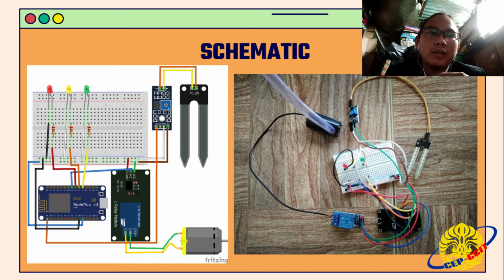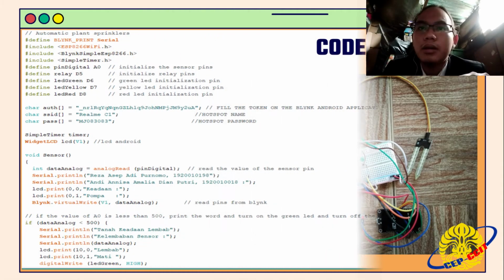The relay is connected to pin D5, which is then connected to the pump. Then the LEDs are connected to D6, D7, and D8. Then the data pin of the sensor is connected to pin A0.